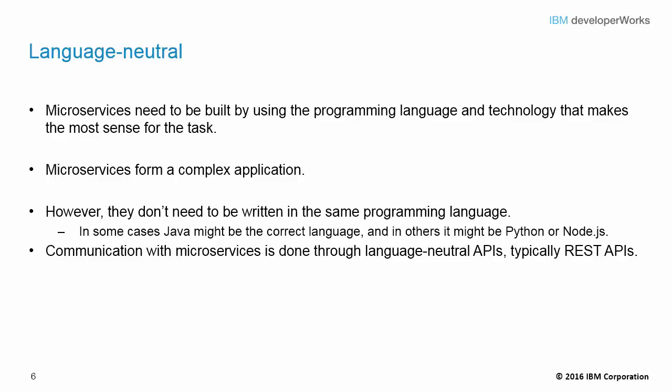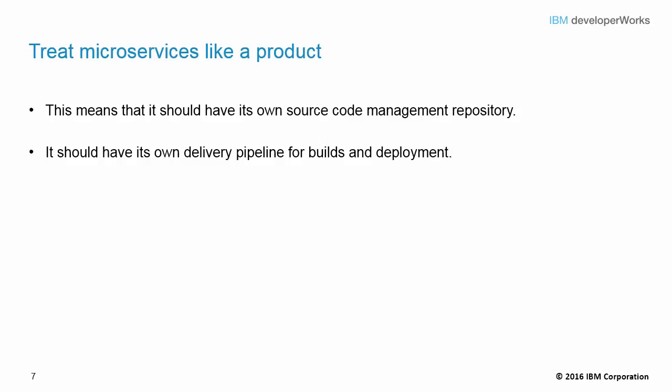In some cases, Java might be the correct language. In others, it might be Python or Node.js. A microservice needs to be treated like an application or product. It should have its own source code management repository and its own delivery pipeline for builds and deployment.